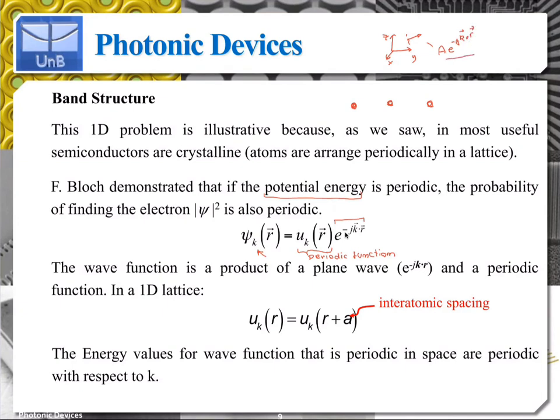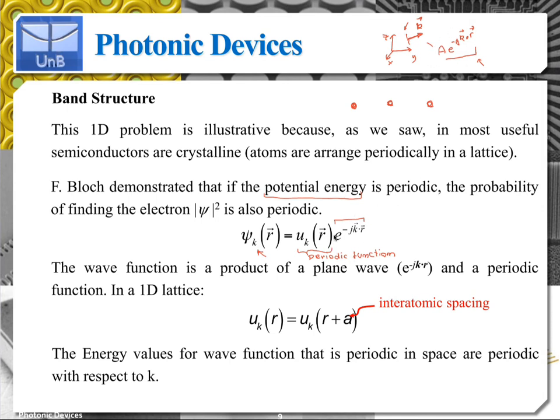So if the wave is mathematically described by this, it means that it's propagating in the direction of the wave vector k in space. And if you take a plane which is perpendicular to this propagation direction, the phase is going to be constant along this plane. So this is a constant phase plane perpendicular to the propagation direction.